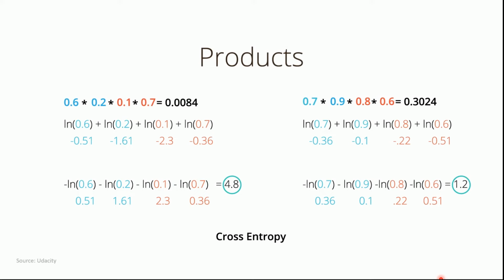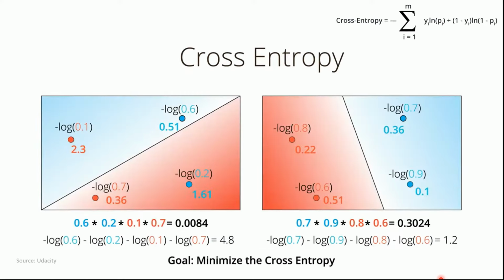So now the cross entropy is what we will use as an indicator to understand how good or bad our line is doing. So now our goal is to minimize the cross entropy, as the smaller the cross entropy, the better our model. And the cross entropy is given by this formula, which we're going to examine right now. So let's look at this formula.